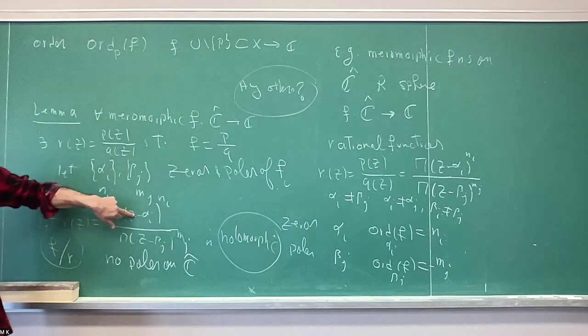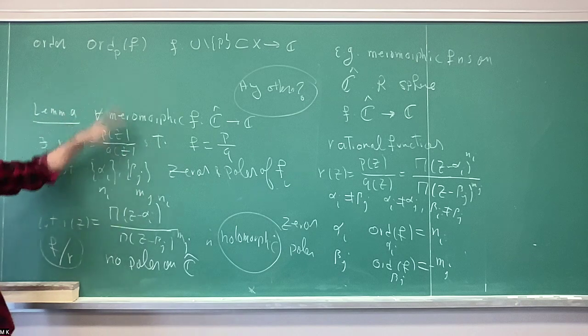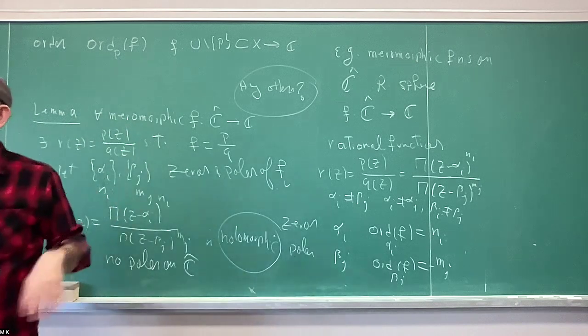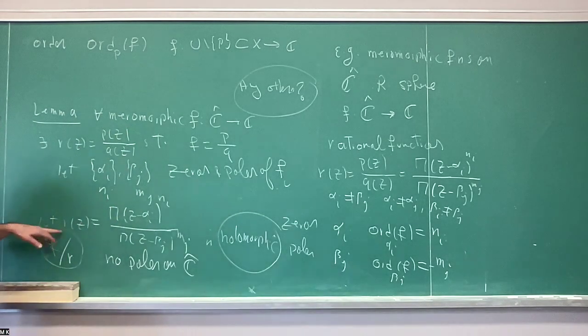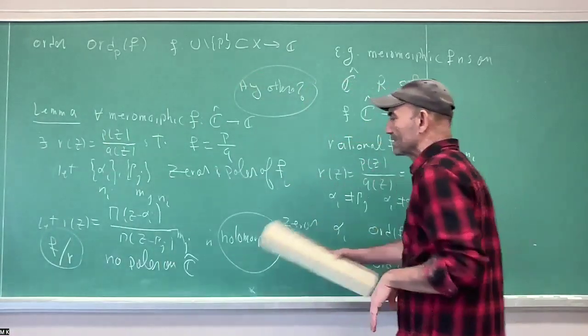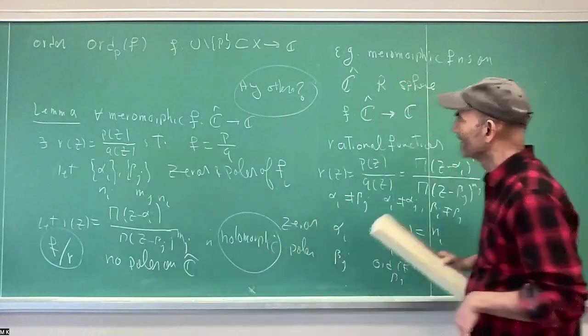So if you check it at all other points, infinity is also checked. I agree this is a bit of a fast argument. So f is basically some constant times R, because the quotient is constant. Think of it as an advertisement of things to come.